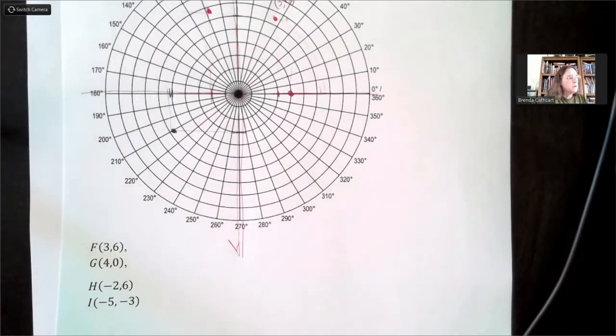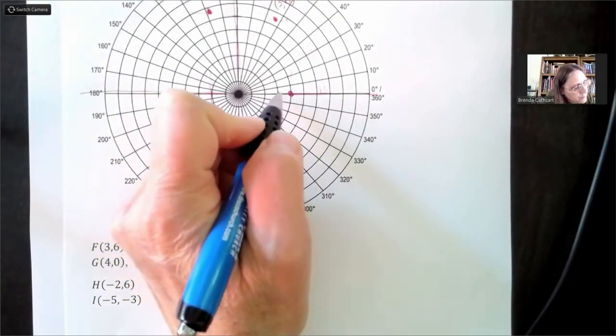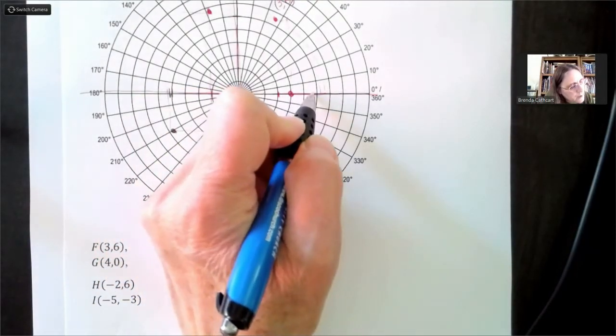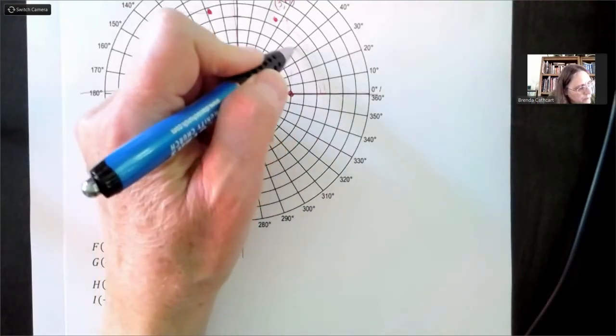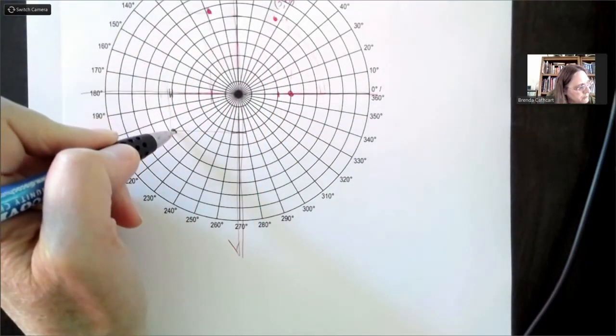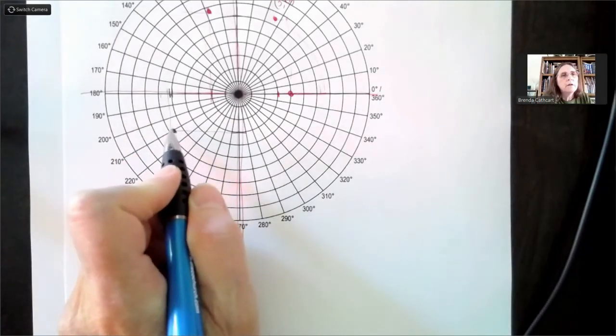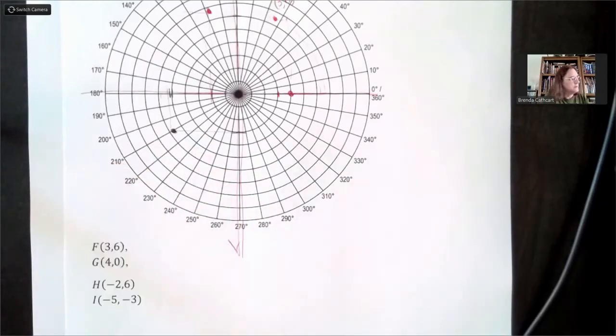In our polar coordinates, we had 5.8, so 1, 2, 3, 4, 5.8. And we're going to take this circle all the way around to 211 degrees, which is right there. There's 210, here's 211 just past that.